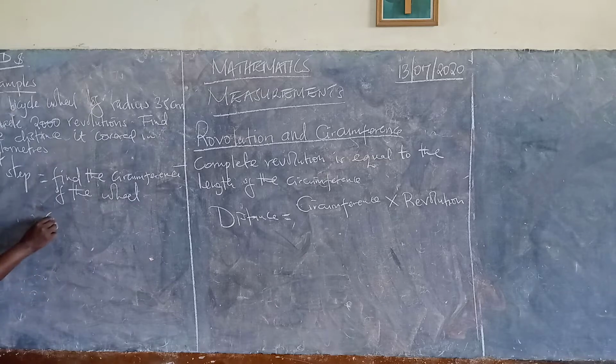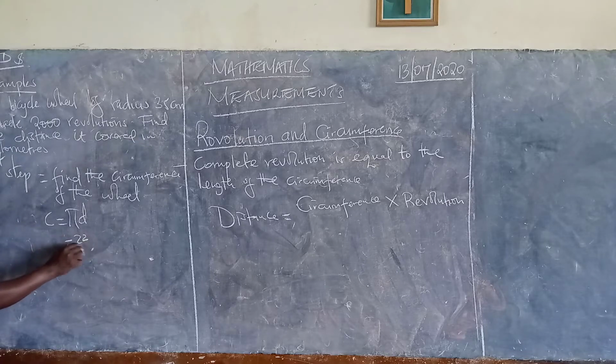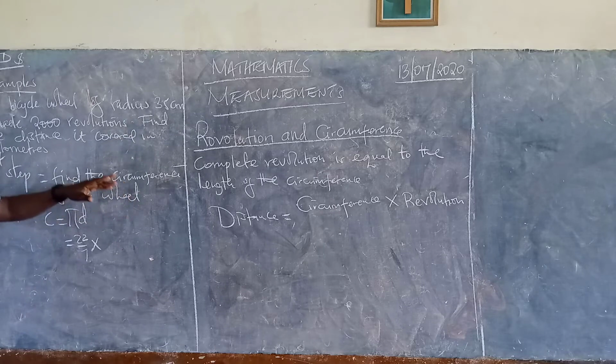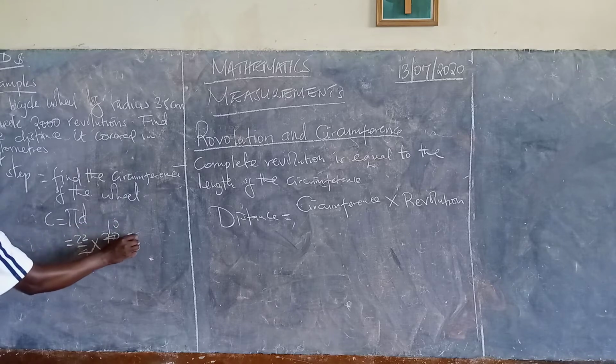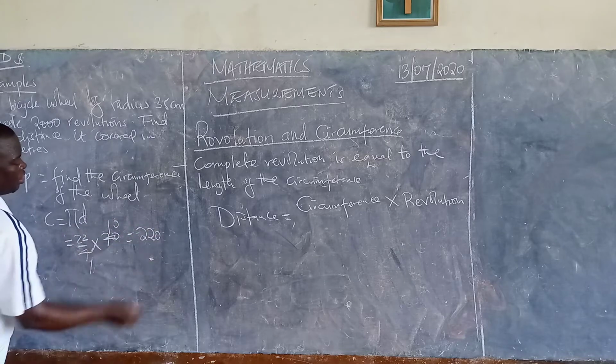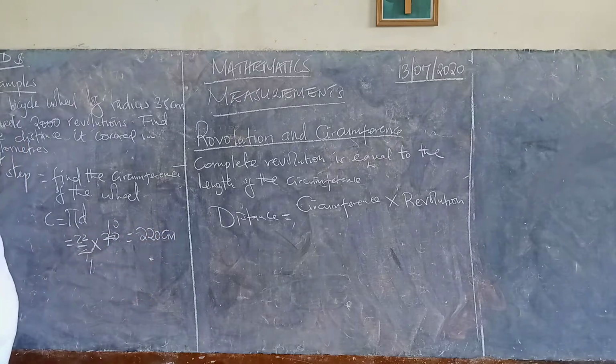Circumference is pi d, whereby pi is 22/7. We have the radius to be 35, so the diameter is 70. 22 over 7 times 70, we have 220. Those are centimeters.